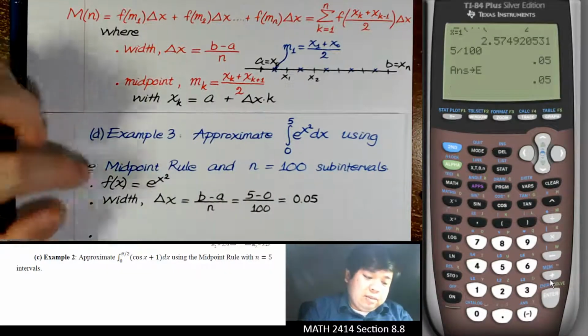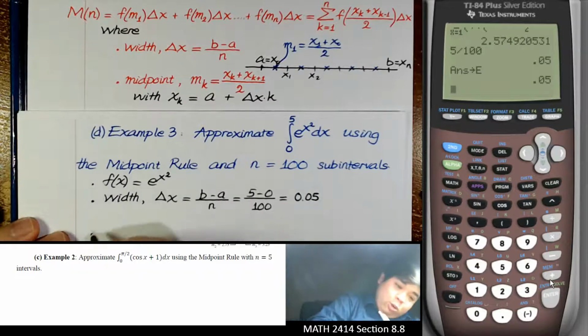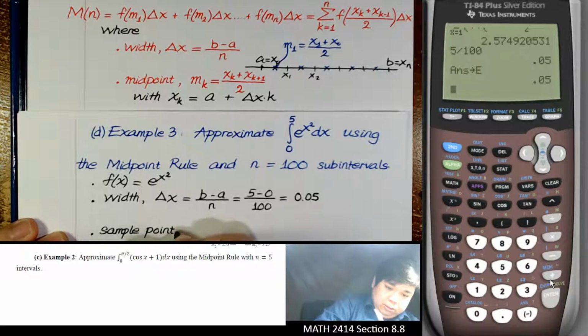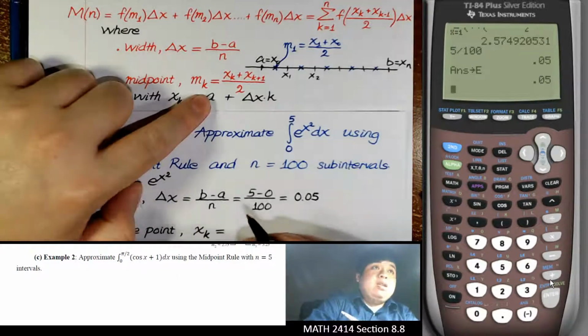Right. Next, we have the width. Now the sample point. Xk is a plus delta x times k.